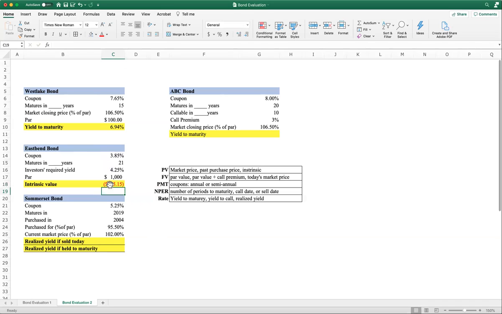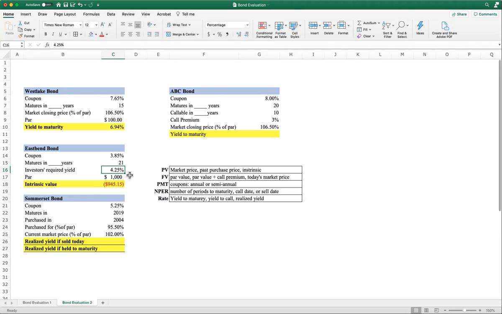The present value is going to give you a negative number, because the coupon rate is only 3.85 and you want your bond investment to make 4.25% a year, so you have to pay less. If you pay the same as par value, you are going to get 3.85%. This means that if the market price is the same as the par value, your yield to maturity is going to be the same as the coupon rate.